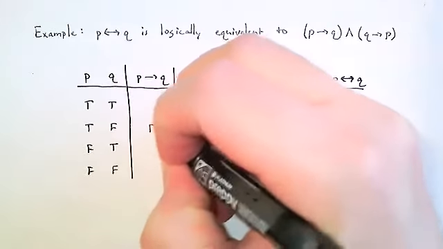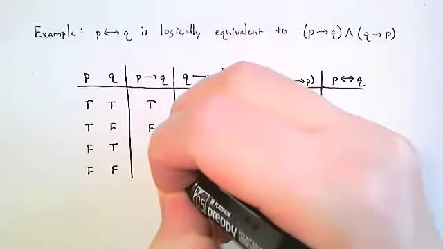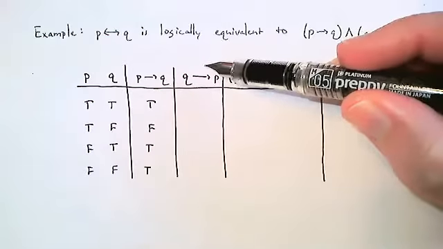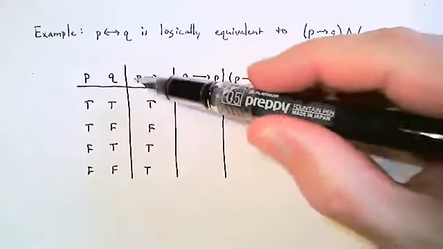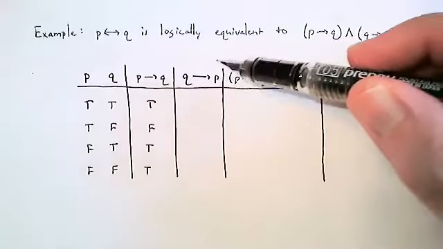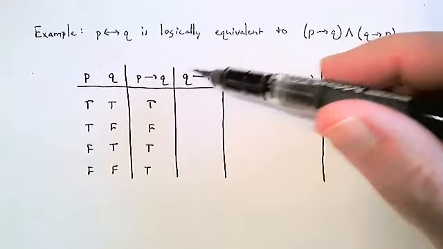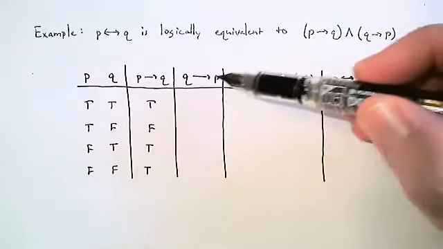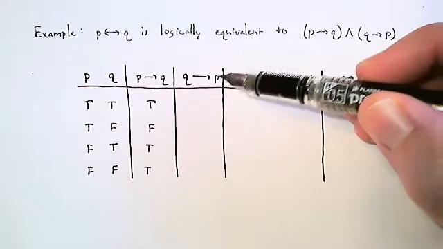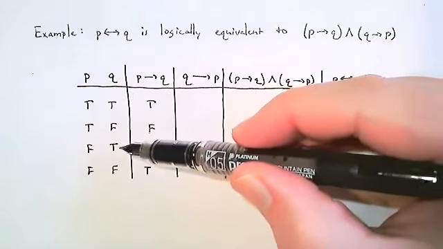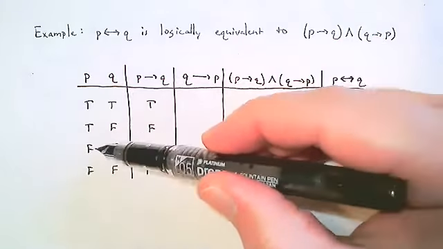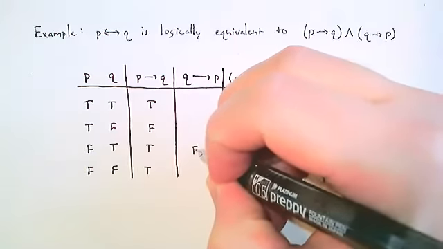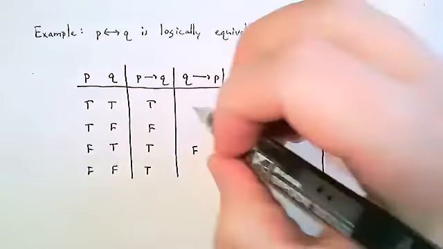So this one, and everything else is true. This one, you might remember when we switched the arrow, is called the converse of that one. And this one is false when we have a true for Q and a false for P. So that would be here, where Q is true and P is false. And everywhere else is true.